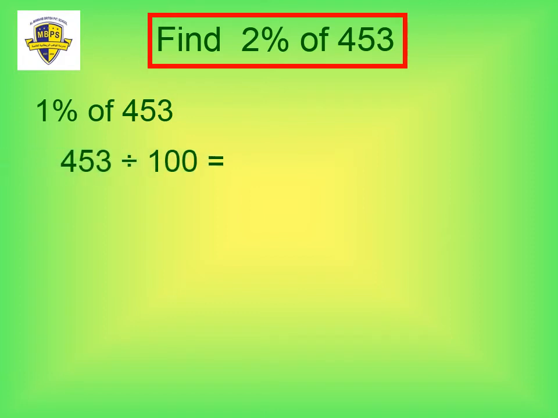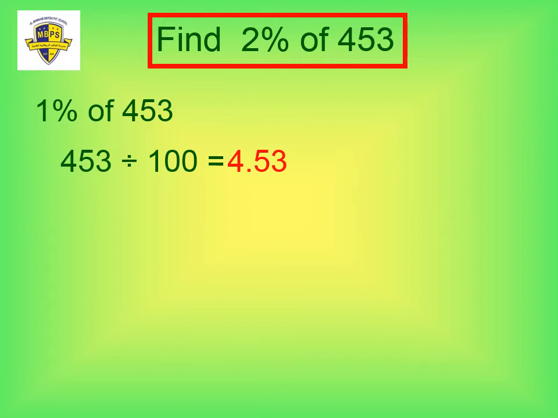To find 1% of any number, we divide this number by 100. And when we divide any number by 100, we shift the decimal point 2 digits to the left, so the answer is 4.53.